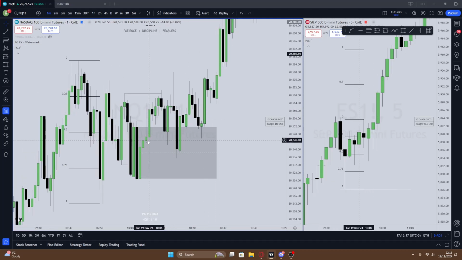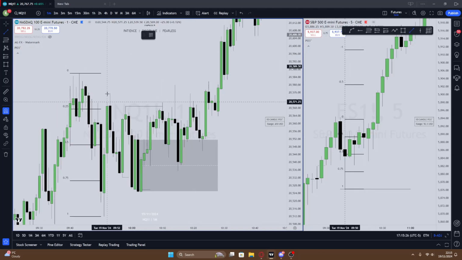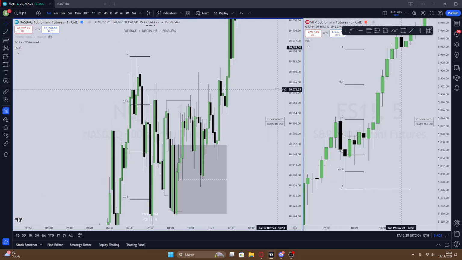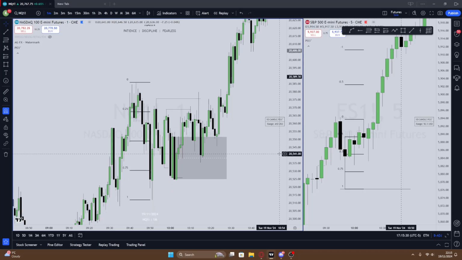So when this got rebalanced, we had a high resistance liquidity run when we came back down to that order block. So from there we weren't expecting any respect to intermediate term lows or highs.